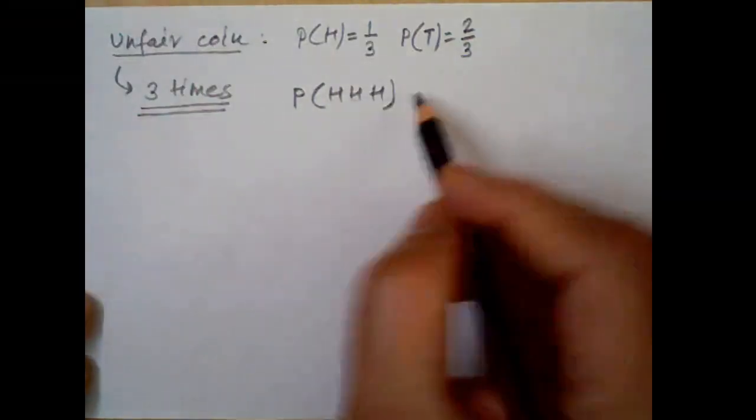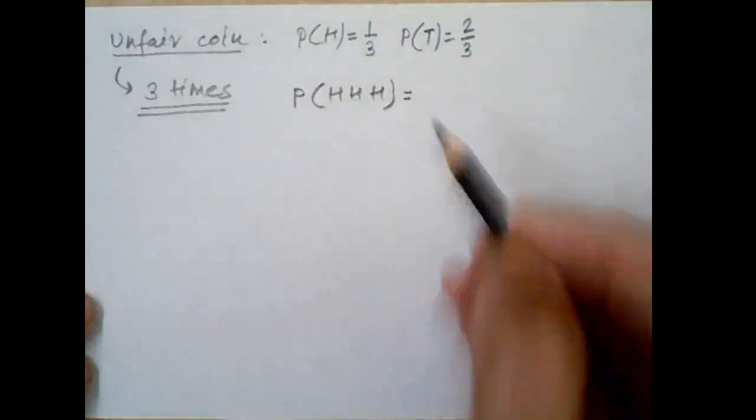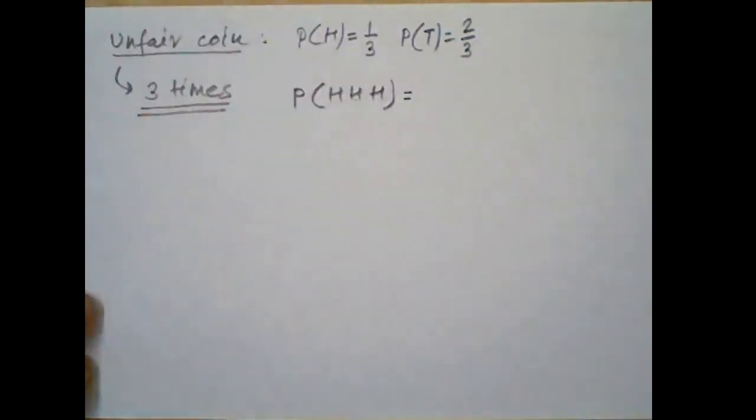Now we are no longer going to draw any tree diagrams, just that it is important to note that there are 8 different possibilities, and H, H, H happens to be just one out of these 8 possibilities.